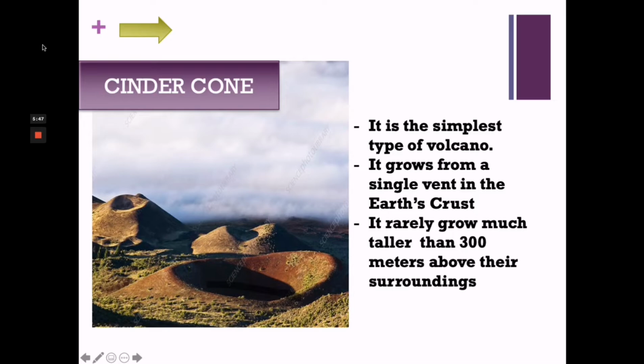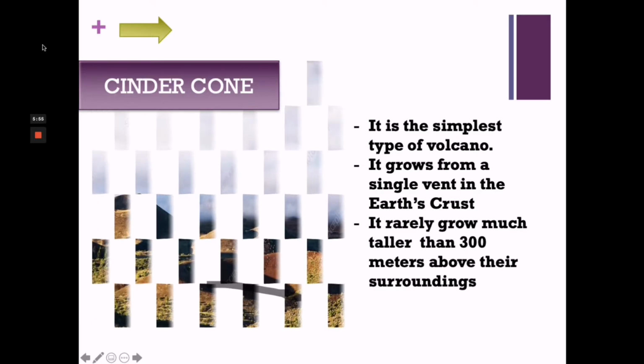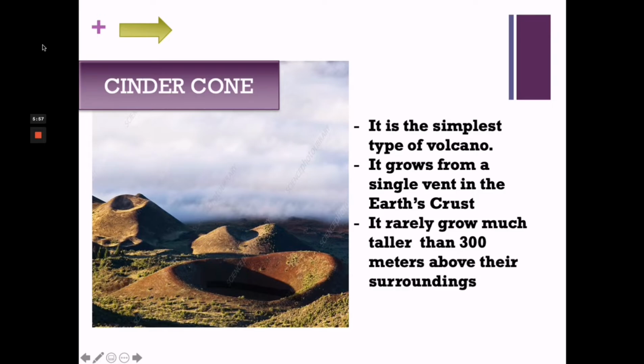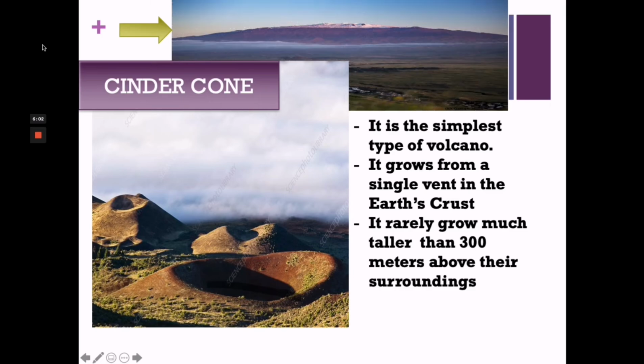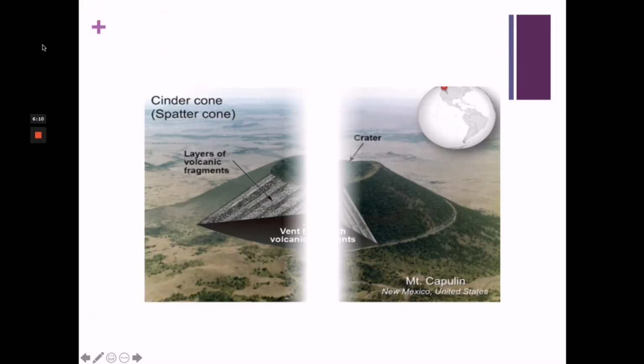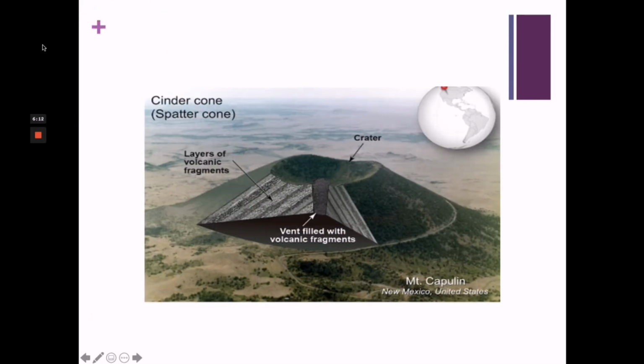Geologists discovered more than 100 cinder cones on the sides of Hawaii's Mauna Kea, one of the biggest volcanoes in the world. Each cinder cone comes from a vent that opened up on the sides of the volcano. This is another example of a cinder cone volcano.